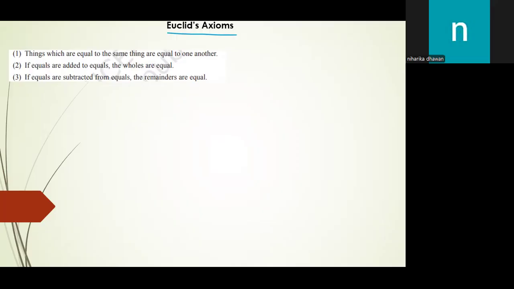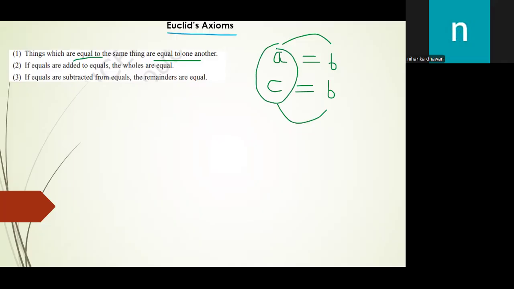So let's talk about the first axiom. Things which are equal to the same thing are equal to one another. This means, for example, if A is equal to B and C is also equal to B. So here, things which are equal to the same thing means A is equal to B and C is also equal to B. So A and C are equal to the same thing which is B. It means A is equal to C. So things which are equal to the same thing are equal to one another.